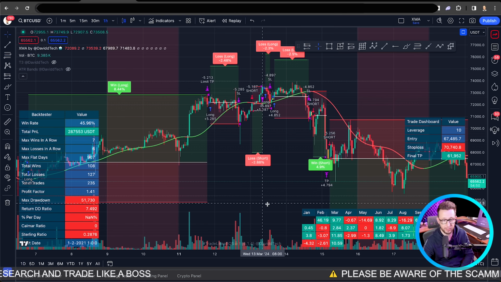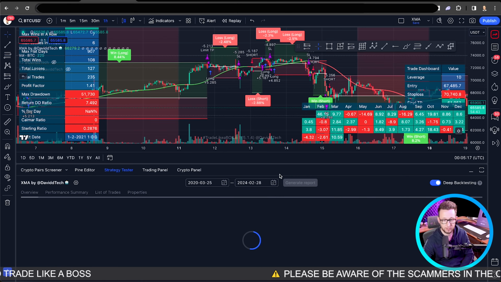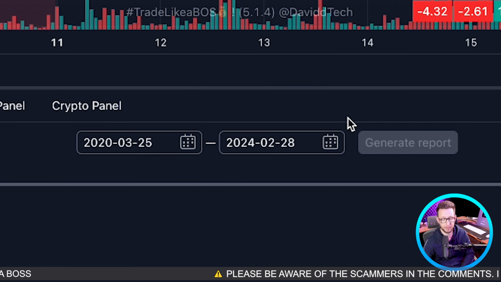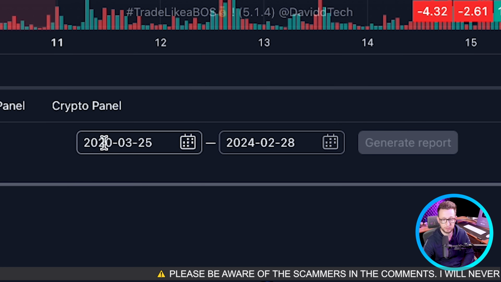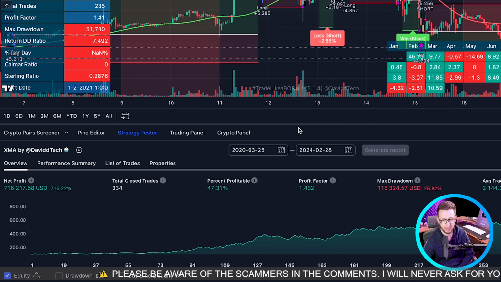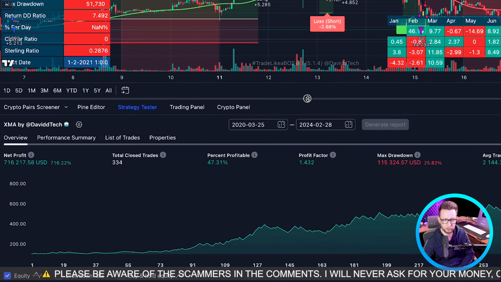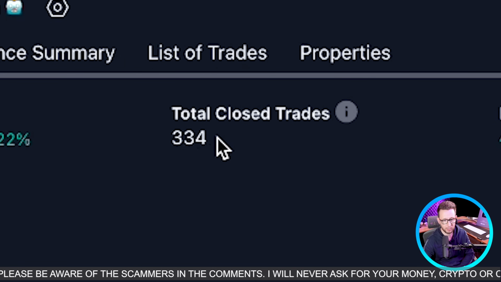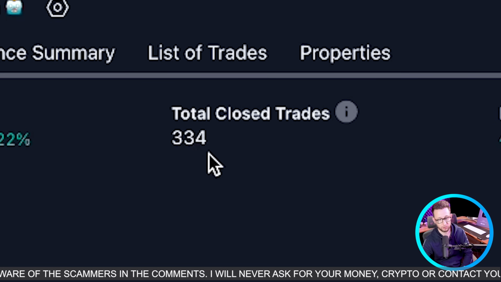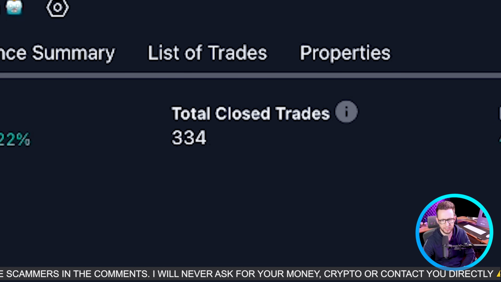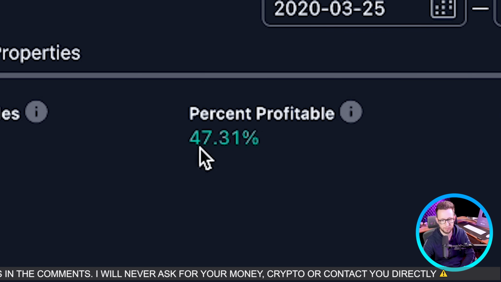If I go over and pull up our equity curve, you'll be able to see from the deep backtesting results all the way back to 2022 in March that the backtesting results look pretty good too. We have 334 closed trades, which is great. As I said earlier, a 47% win rate.